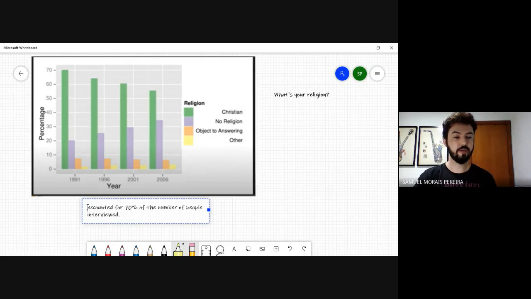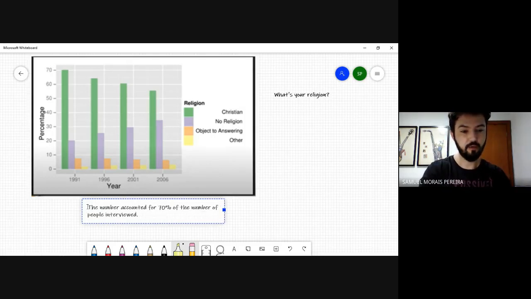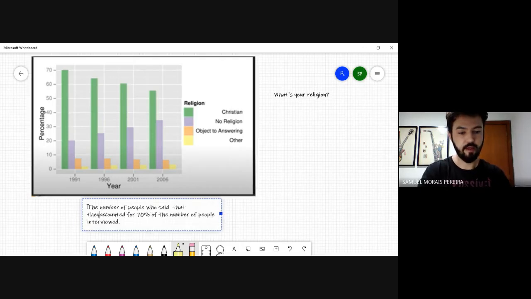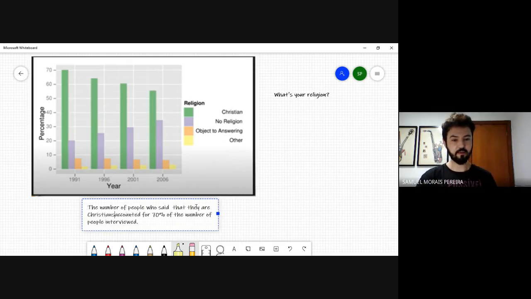Só que tem que pôr o começo aqui, ó. Tem que falar assim, the number of people, é que eu não escrevi, ó. The number of people who said that they are Christians, né? No meu caso aqui eu tava falando dos cristãos, né? Ó. So the number of people who said that they are Christians accounted for 70% of the number of the people interviewed, right?